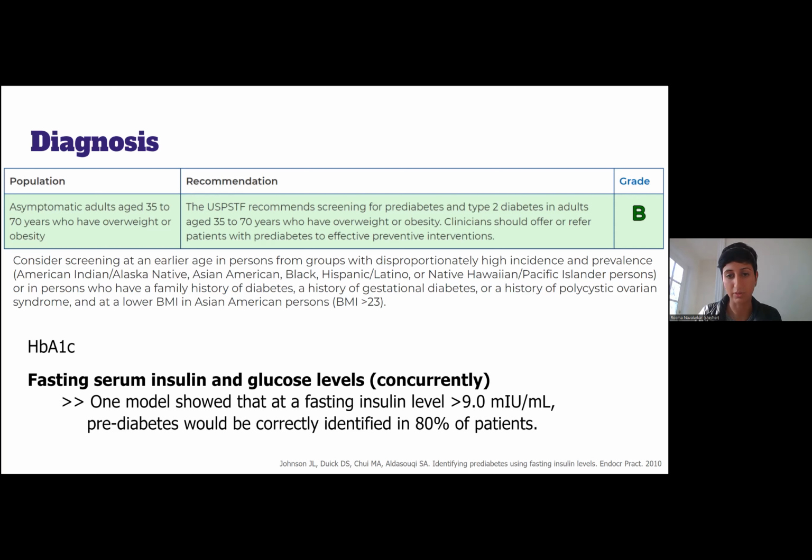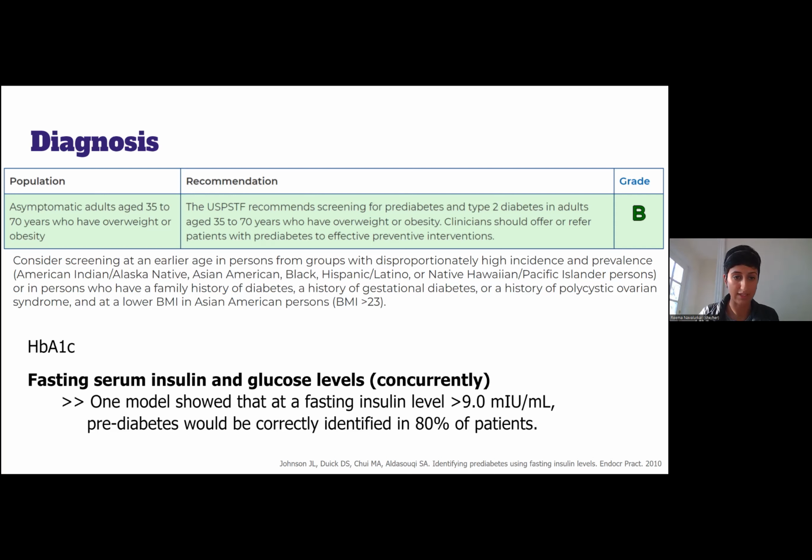Gestational diabetes also predicts development of impaired glucose tolerance down the line in non-pregnant states, and a history of polycystic ovarian syndrome similarly is associated with development of metabolic syndrome and impaired glucose tolerance. And then Asian American people have risks at lower BMIs, such as 23 is recommended by the USPSTF. So those are the people we should screen.